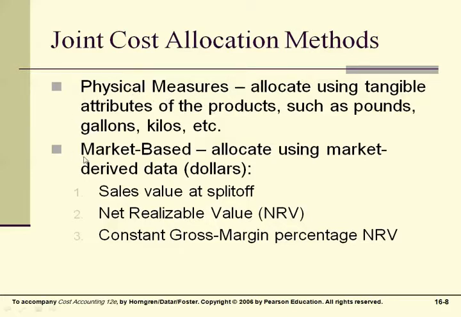And the second approach is a market-based approach using derived data from one of these three approaches: sales value at split-off, or net realizable value, or constant gross margin percentage. The first approach is based on production, but the second approach is based on sales.